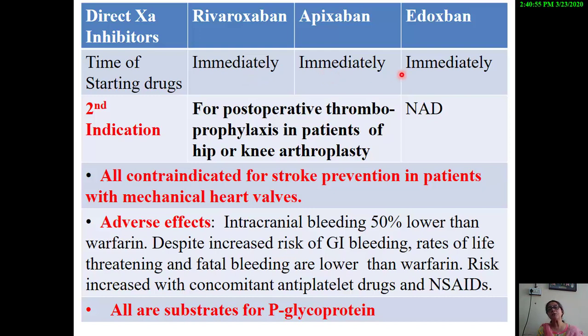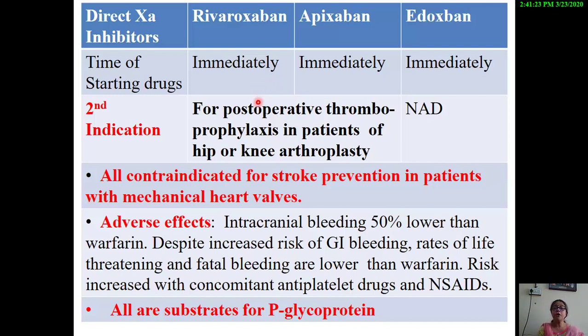So earlier textbooks recommended bridging with parenteral anticoagulants with edoxaban, but now they say that with all three of them they can be started immediately, and bridging with parenteral anticoagulants is not required when they are used for the treatment of acute deep vein thrombosis and for prevention of pulmonary embolism.